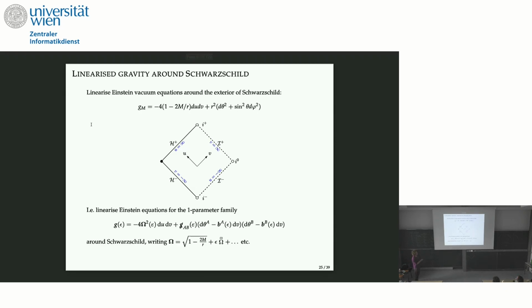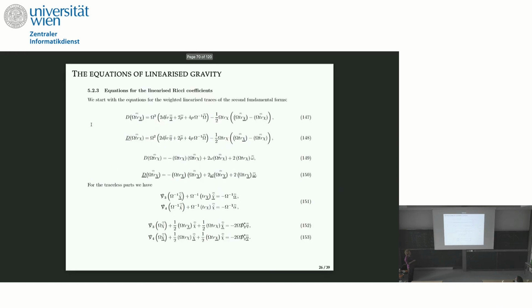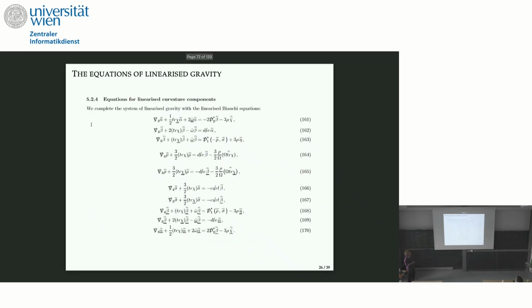That is to say, we write down a one-parameter family of solutions to the Einstein equations in this form, and then we linearize in epsilon, and we get a bunch of resulting equations. There is a bit of a jump scare now. This is the set of unknowns, and these are the equations of linearized gravity. These are the Bianchi equations.